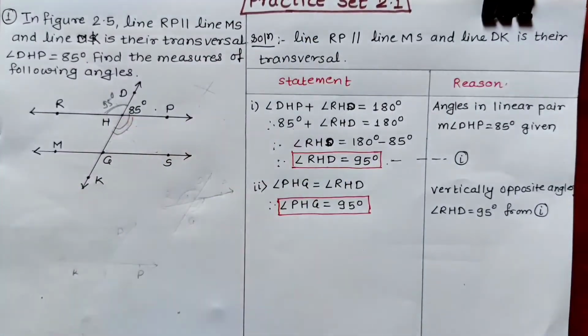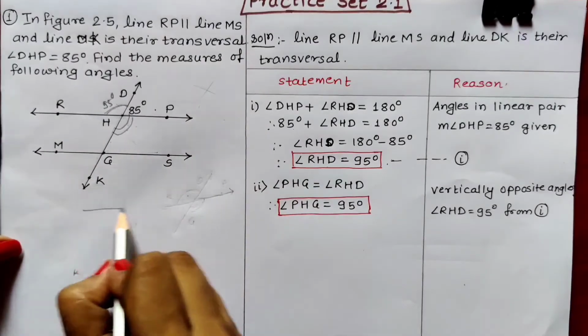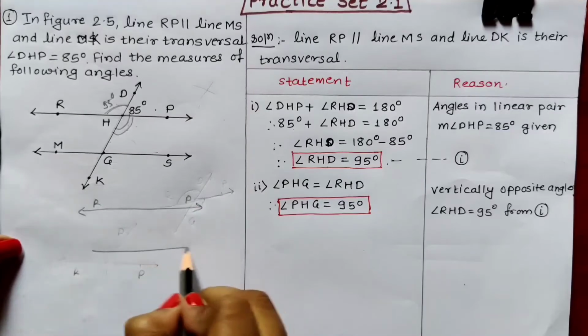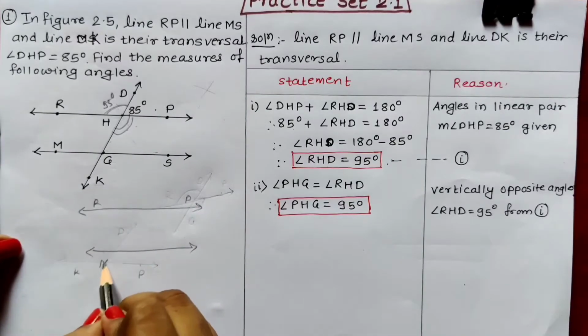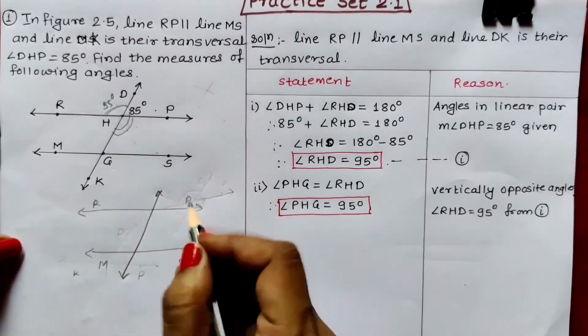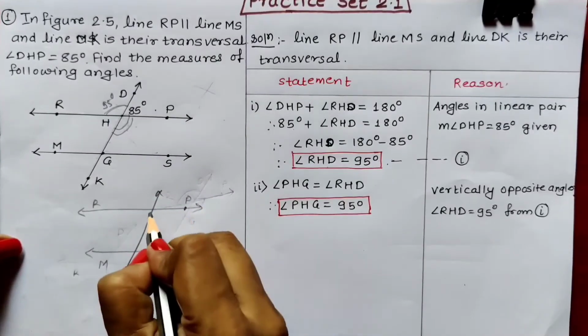Okay, now I am going to show you again by drawing the rough diagram. Here this is line RP, this is line MS, and then DK is intersecting.